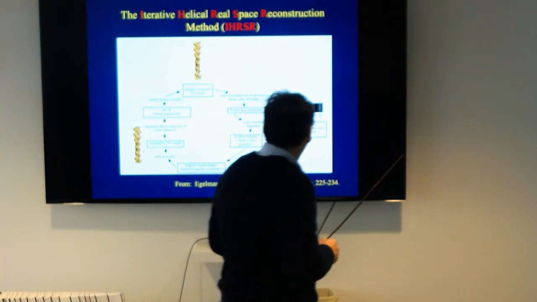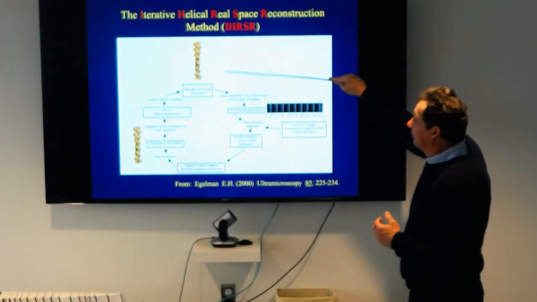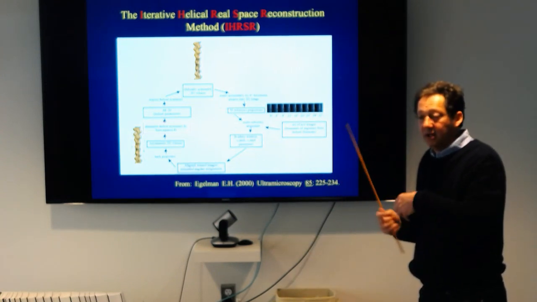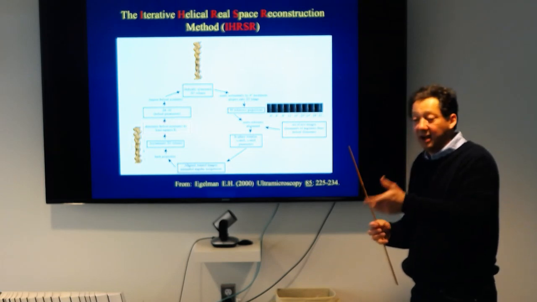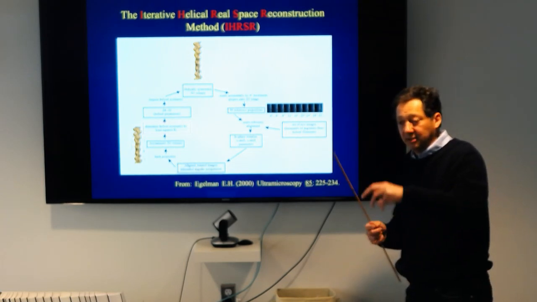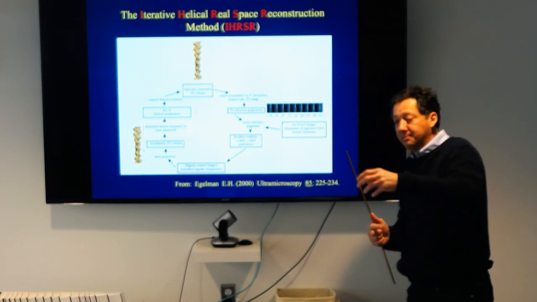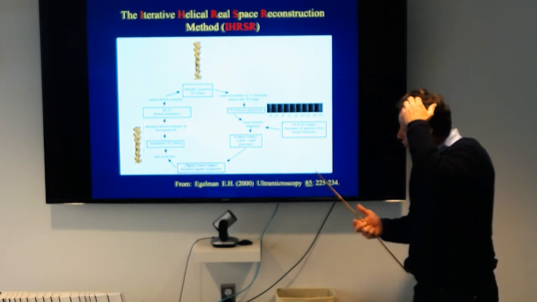This was one of the first cases in which iteration was used to refine: you obtain a model, and then use the model to refine the helical parameters, the turn and the rise per subunit, around the reconstruction.